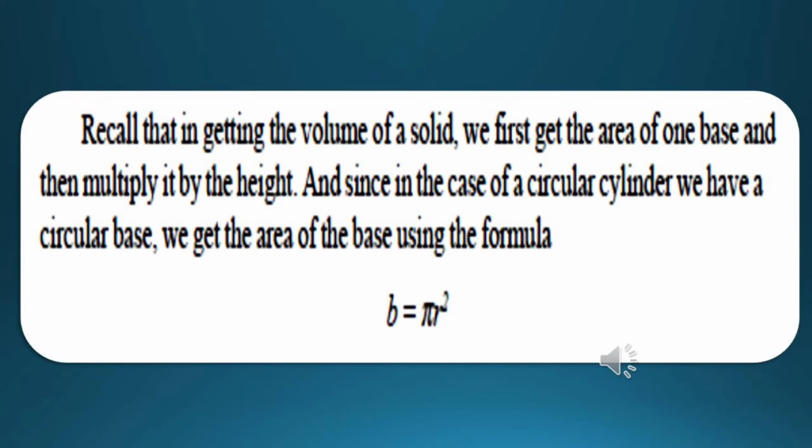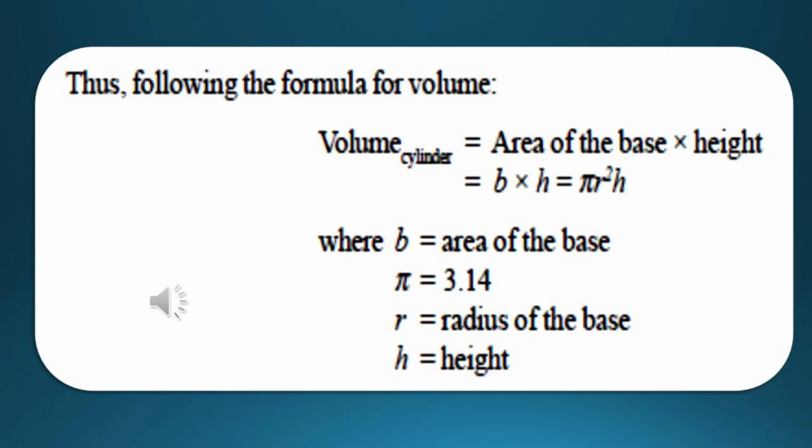Base is equal to pi times r to the second power. Thus, following the formula for volume, the volume of a cylinder is equal to the area of the base times height.